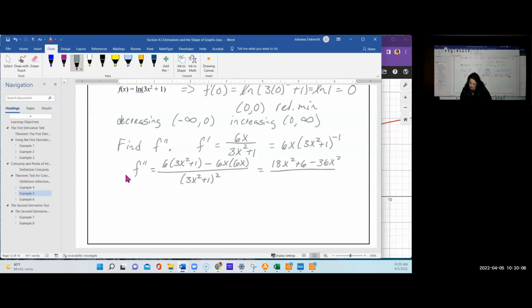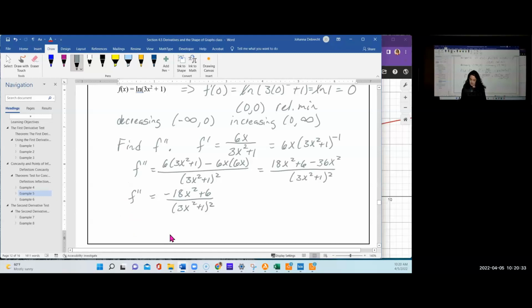You guys check my algebra. Keep me honest. That's your job. My job is to guide you. Your job is to make sure I don't make careless mistakes. So -18x squared plus 6 over 3x squared plus 1 squared. So that's the second derivative, right?